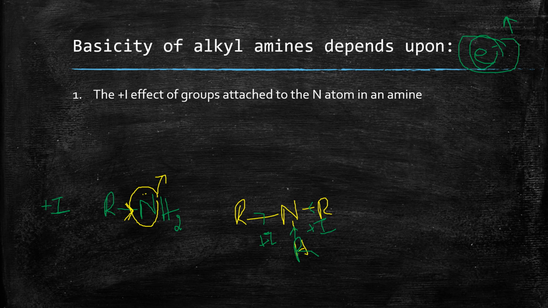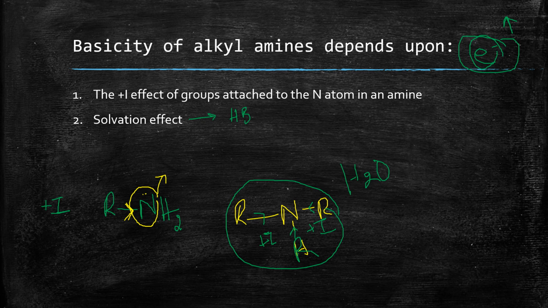Let's first see what are the other effects that determine the basic character of amines. The other is the solvation effect, which produces hydrogen bonding, right? For example, if we add this amine to H2O, that's a protic solvent, this nitrogen will form hydrogen bonds with this H, and this H will also form hydrogen bonds with this oxygen, right?